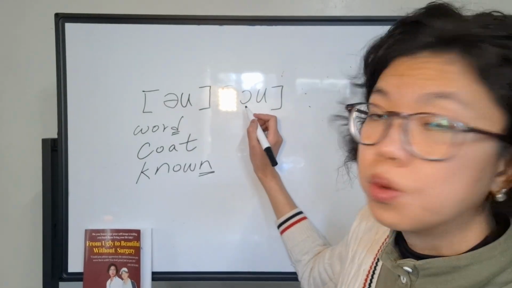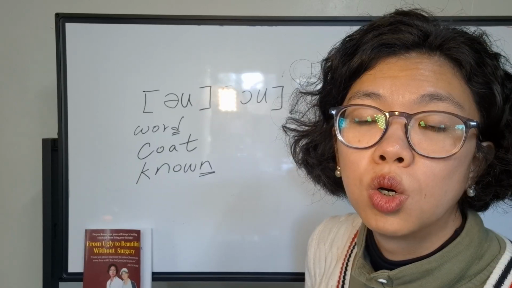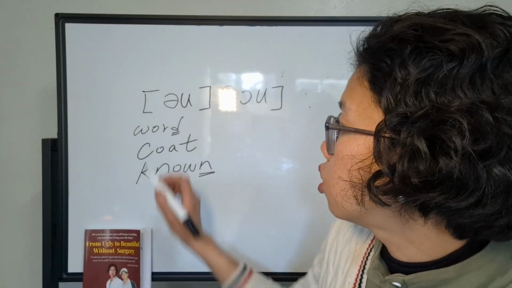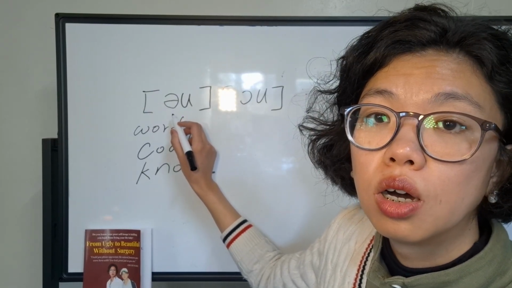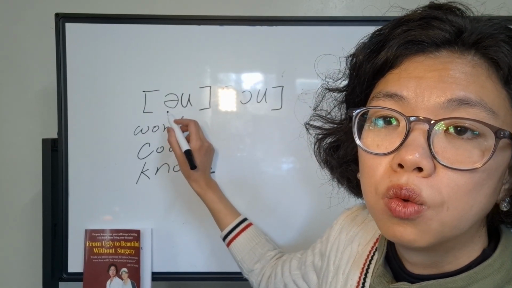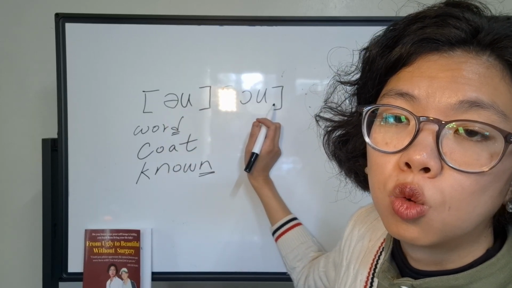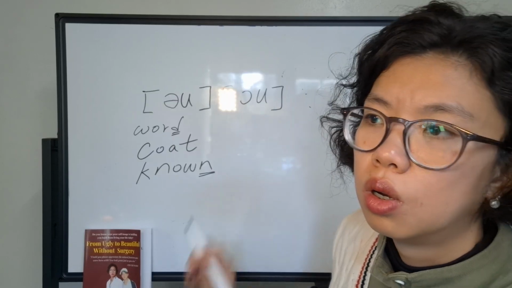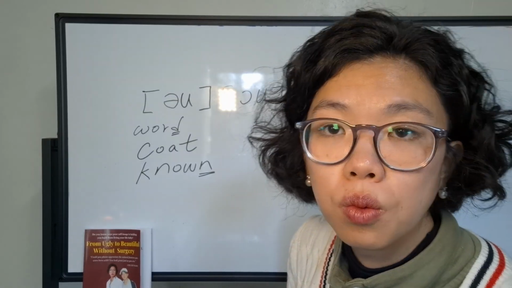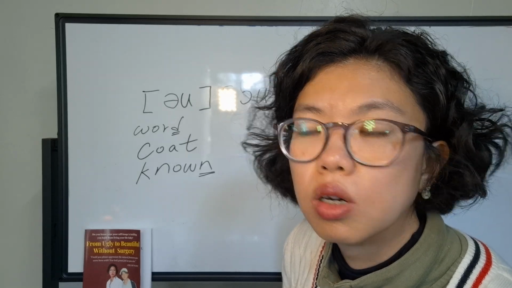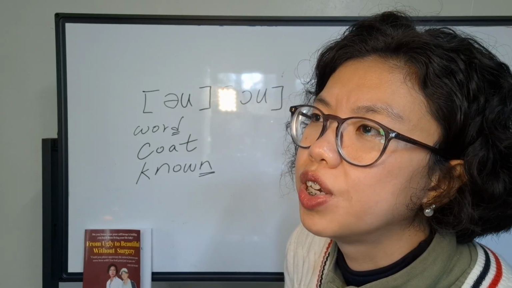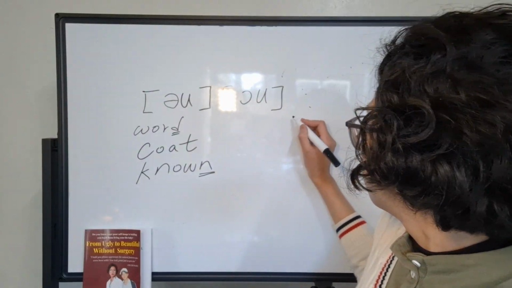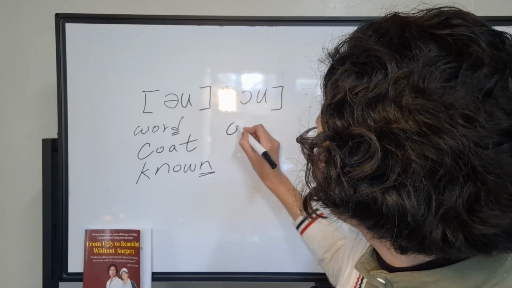So this one is O, O, O. The second one is O, O, O. And what sort of example can I give to you? So we have O. So this one would be this one.